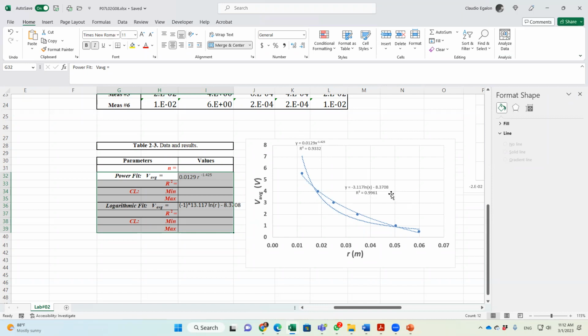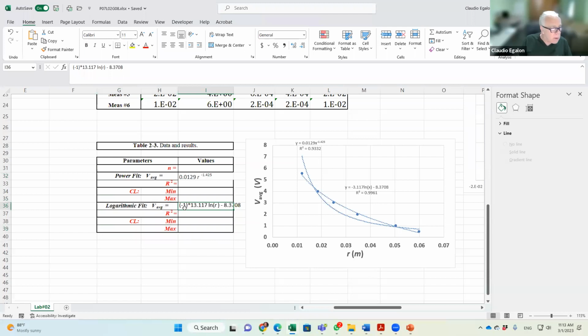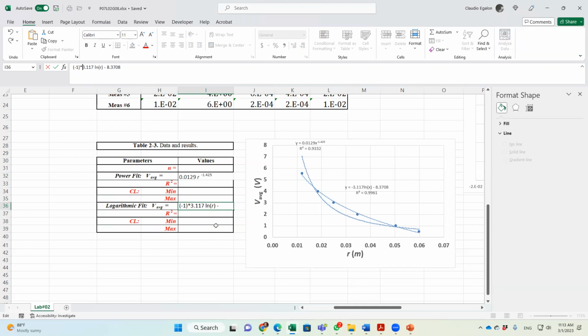Professor? Sorry, for the logarithmic fit, you put for the V average in table 2.3, you had to put -1 in parentheses, and that says multiplied by 3, right? Yeah, it should be multiply by the value. Well, it's not y value here.